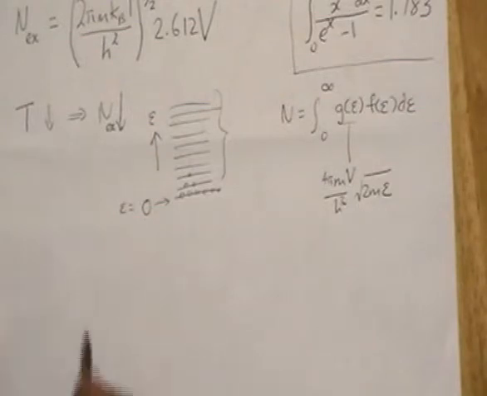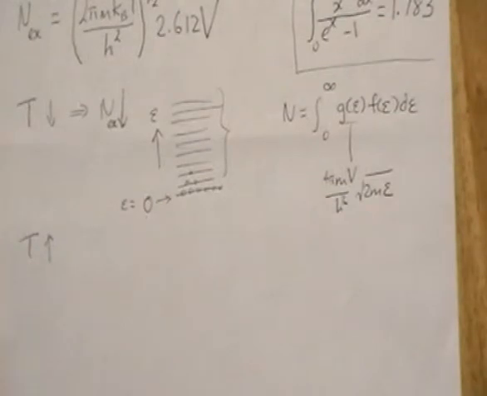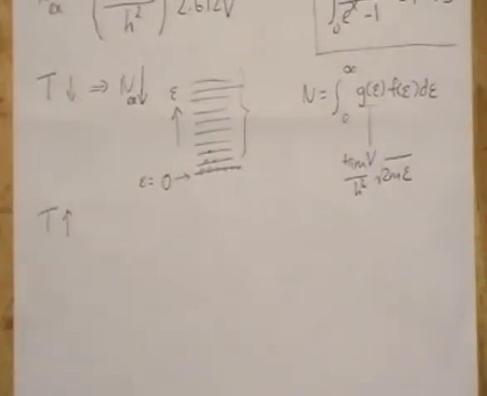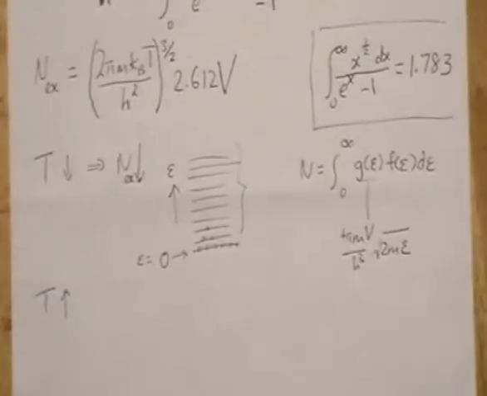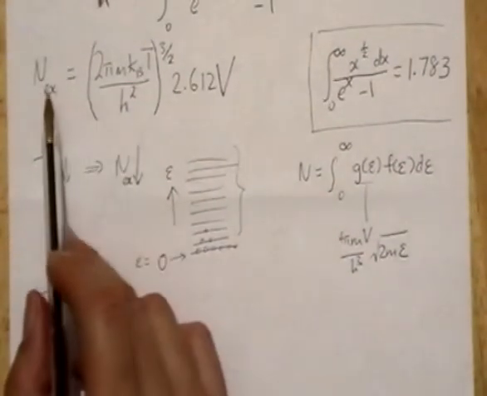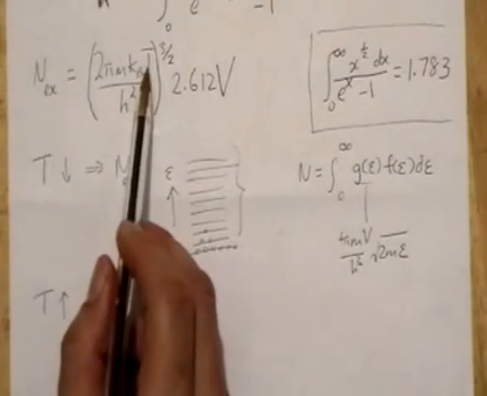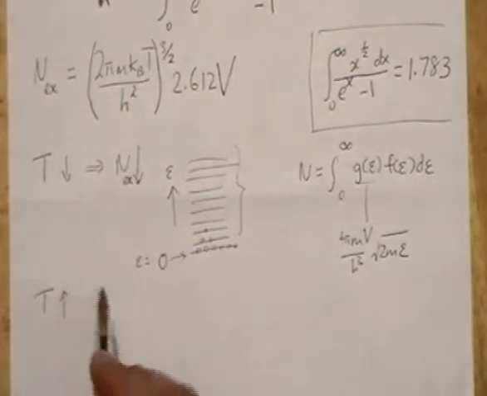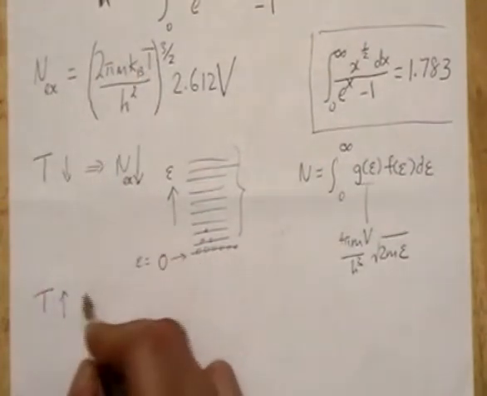Now in the next step, now that we have talked about what happens when T decreases, let's turn this around and think about what happens when T increases. Obviously, if we have this expression here relating number of excited particles to temperature, as T increases, therefore NEX increases.